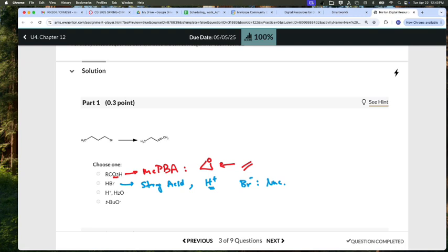The H plus and H2O, again, H plus is telling me I have that strong acid as above, and then we have H2O as my nucleophile. Okay? So I'm trying to call attention to those pieces behind it.